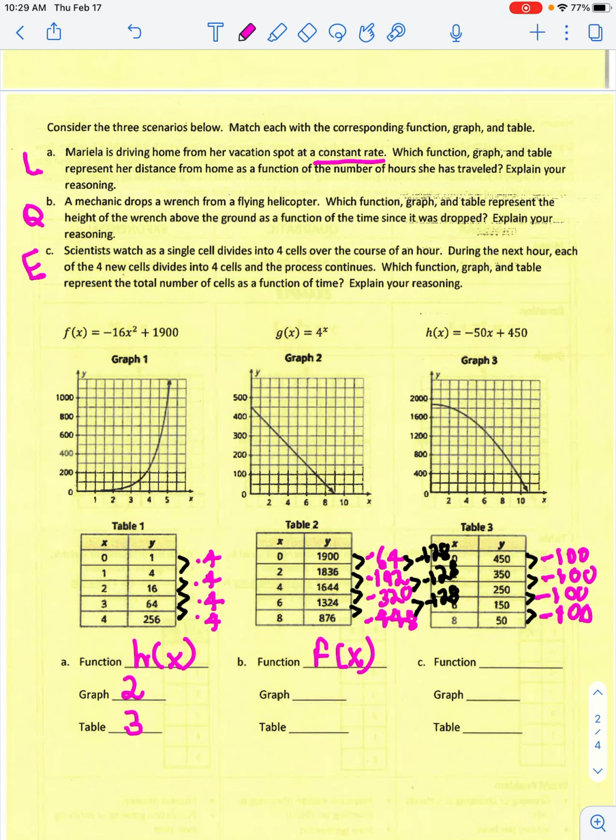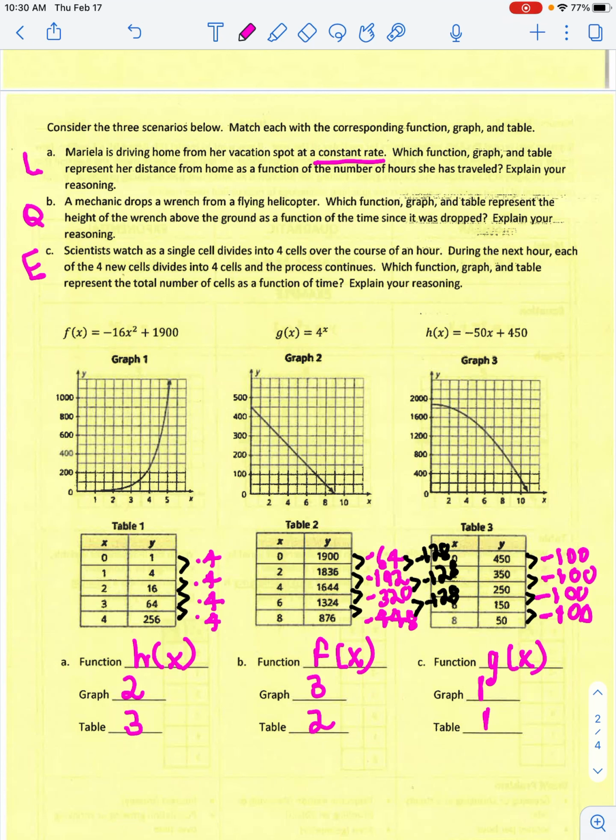The quadratic graph would have to be graph 3, and the table would be table 2, which leaves us with example C, which I think is exponential, and that makes sense. g of x is the exponential function. Graphically, that would be graph 1, and that would be table 1. So there you have it.